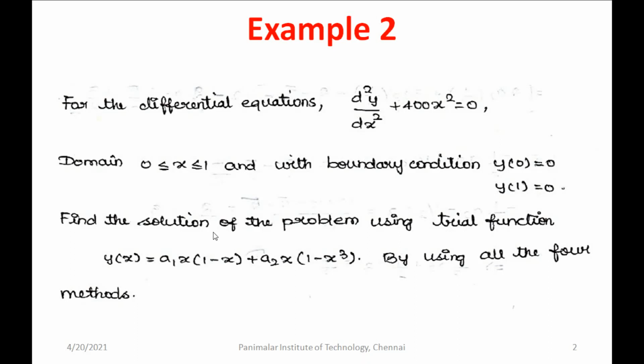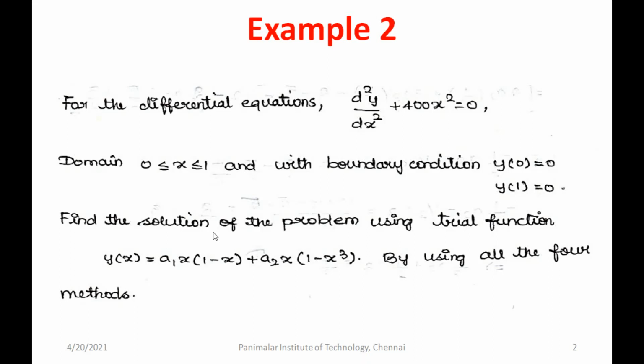Now come to this example problem. The differential equation given in this problem is d square y by dx square plus 400 x square equal to 0. It is a second order homogeneous differential equation, and the domain is x varying from 0 to 1.